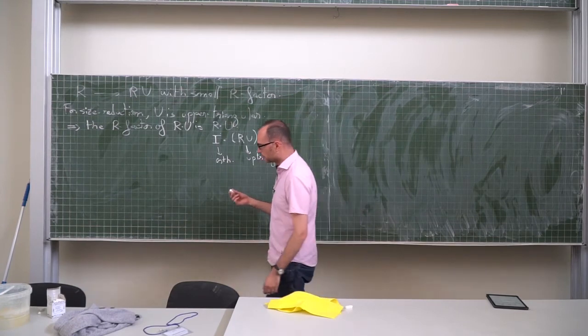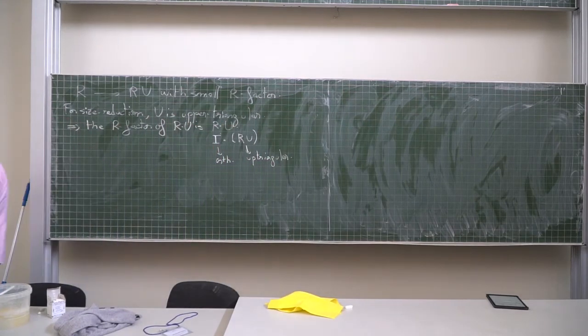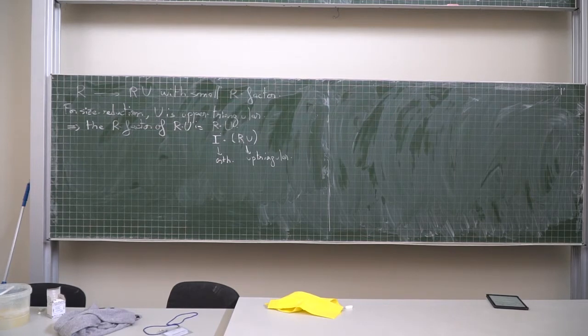Okay, so what is the new goal? So now if I have a matrix B, I can just look at R, almost for free. And if I have R, I can make all the off-diagonal coefficients small. Okay, so the only thing that is left is to make the diagonal coefficients of R small.